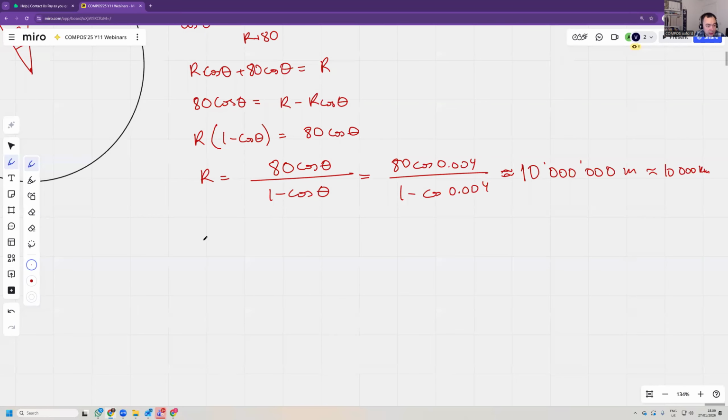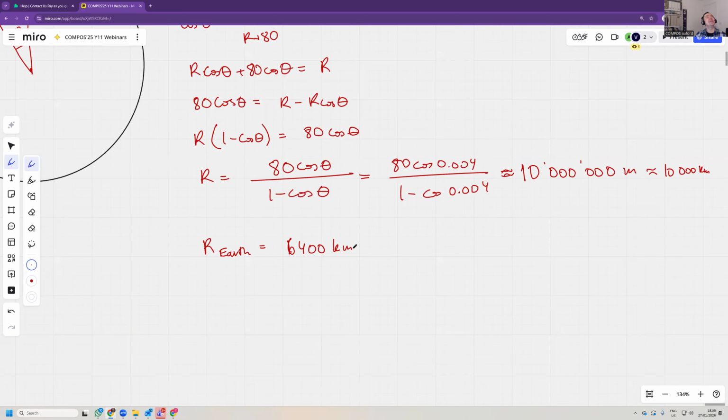For comparison, the radius of the Earth is about 6,400 kilometers, which is quite interesting, right?